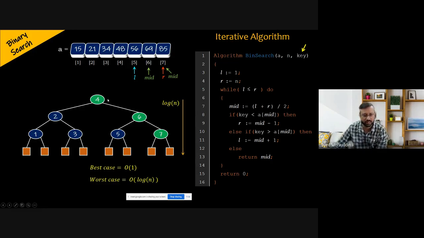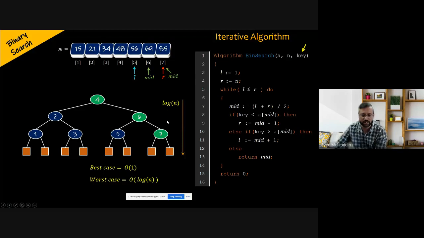At this level it is 1, at this level there are 2, at this level there are 4, and the next level there will be 8 nodes. So this is a series: 2 power 0, plus 2 power 1, plus 2 power 2, plus 2 power 3, plus 2 power 4, and so on till 2 power n. That series is nothing but the log n series. So that is why this while loop will not run n number of times, it will run log n times.